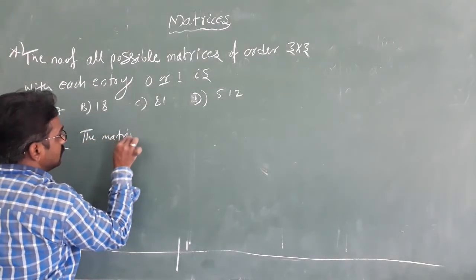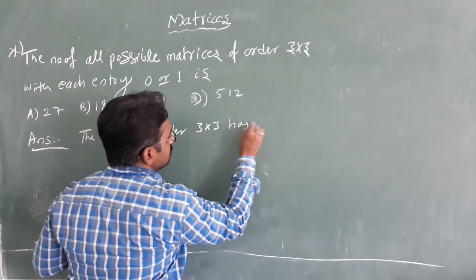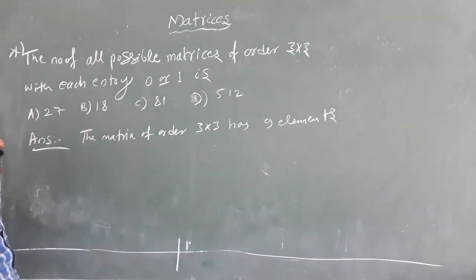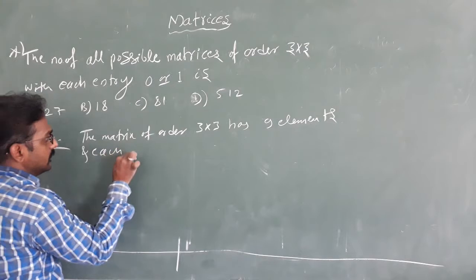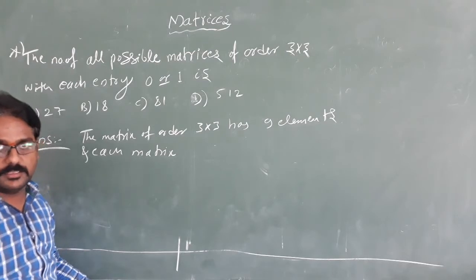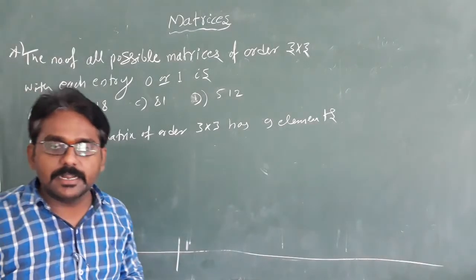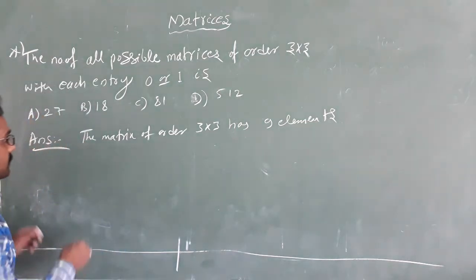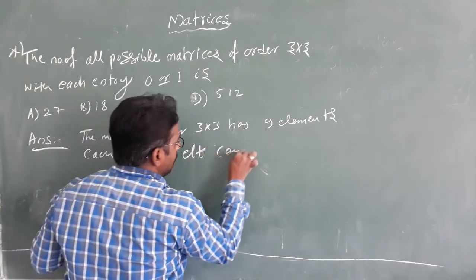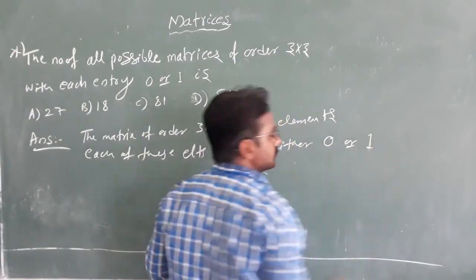The matrix of order 3 by 3 has 9 elements, and each of these elements can be either 0 or 1.